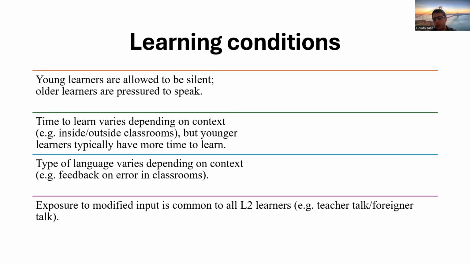Also, the second language learner is exposed to a modified version of input, which is the foreigner talk or the teacher talk. So both of them are quite similar in this part because both are exposed to some kind of modified input.